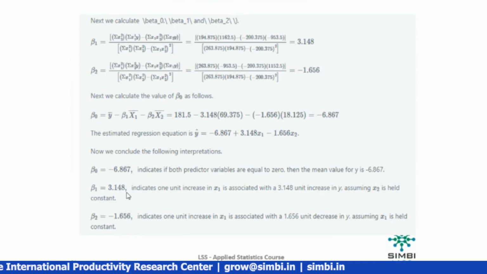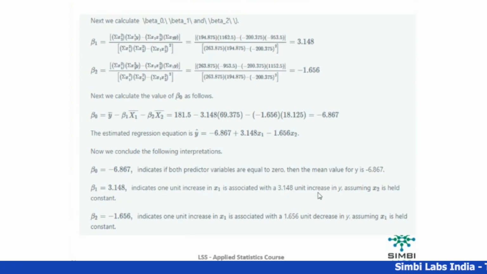And for the independent variables, beta 1 equal to 3.148: a 1 unit increase in x1 is associated with a 3.148 unit increase in y. So we can assume that independent variable x2 is held constant.